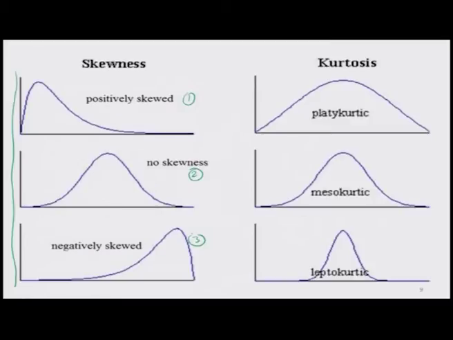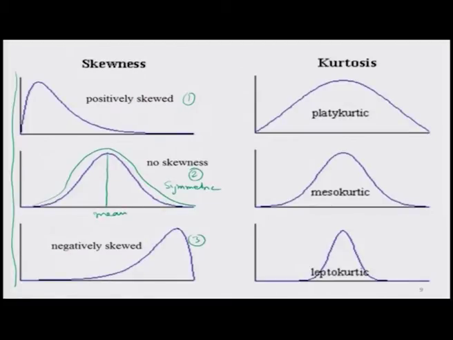First we look at curve number 2. You can see this curve starts from here and goes like this, and it is more or less symmetric around this value, which we can assume is the mean value.